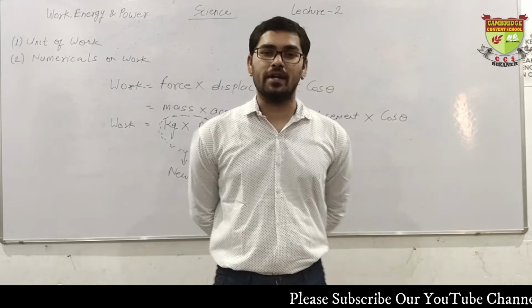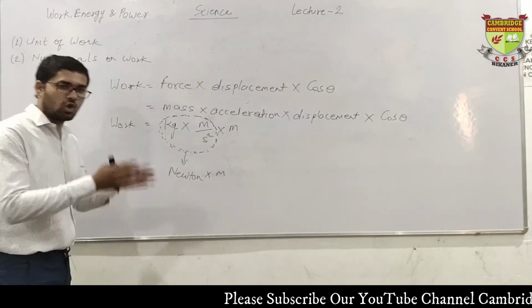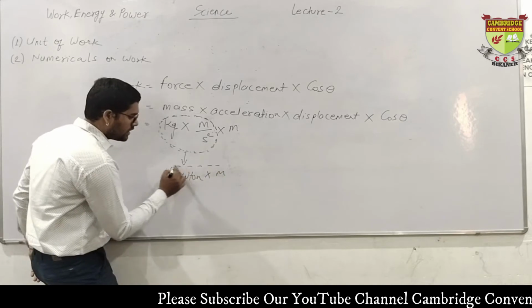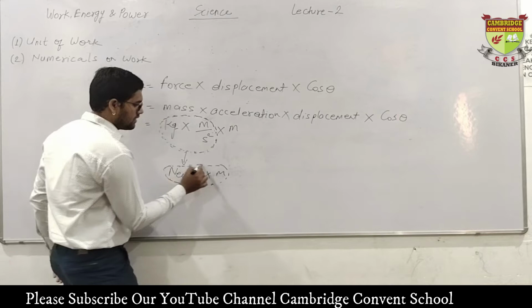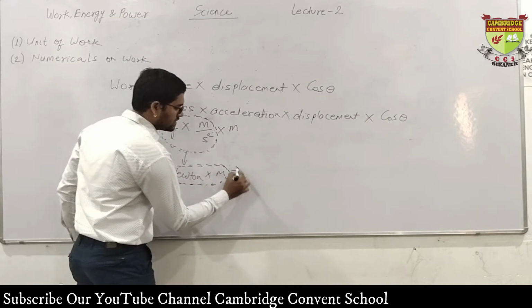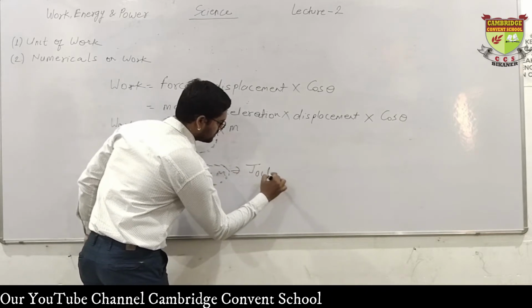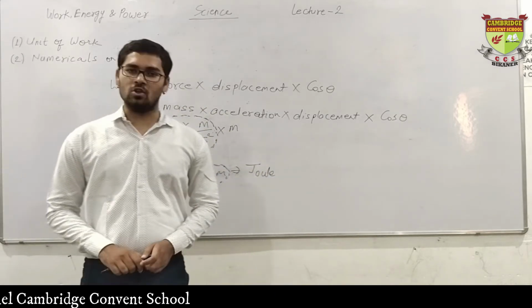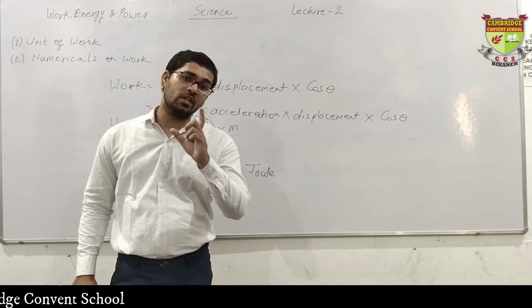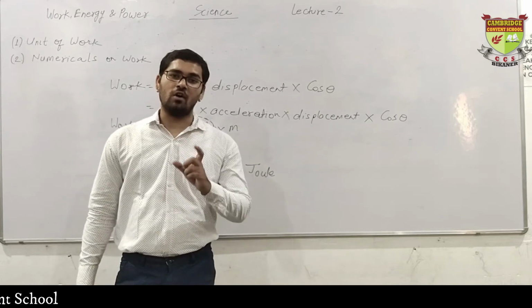It is also still big. So we shortened it: Newton into meter combinedly is known as joule. So the joule is the SI unit of work.